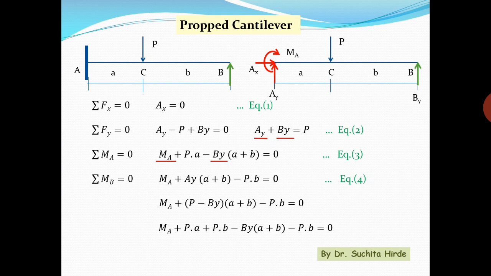Now there are two terms, plus P into B and minus P into B, so they will cancel each other. And now if you observe equation 3 and this new equation, you will see that they are the same. So we cannot get a separate equation. It is the same as equation 3.